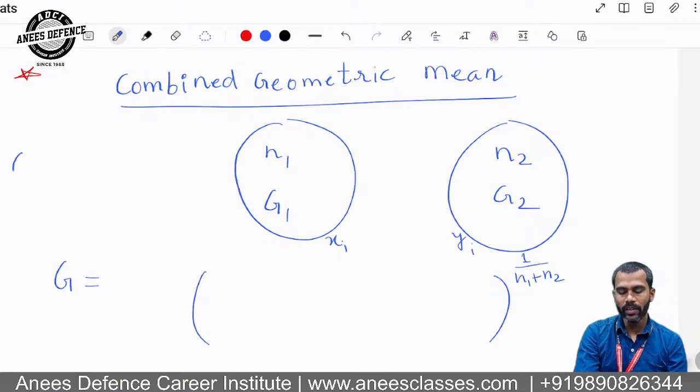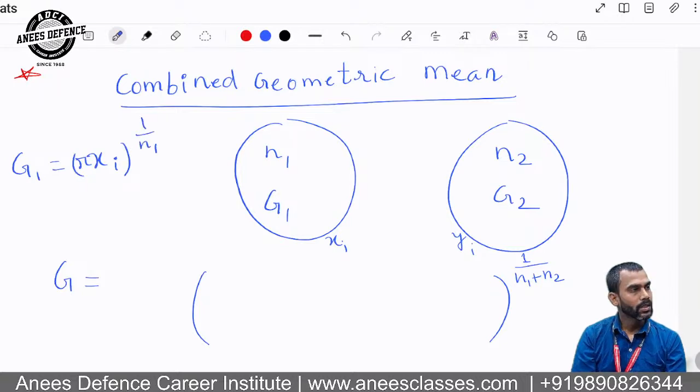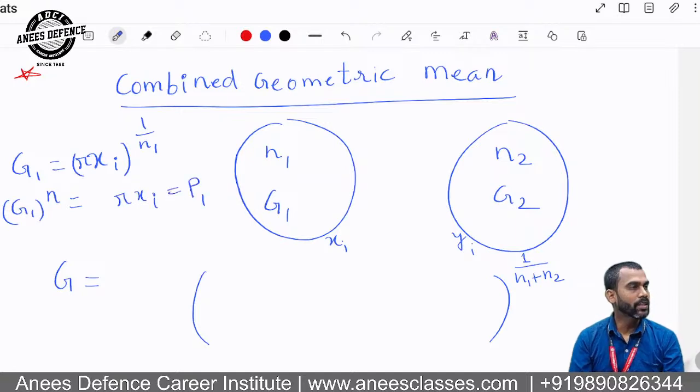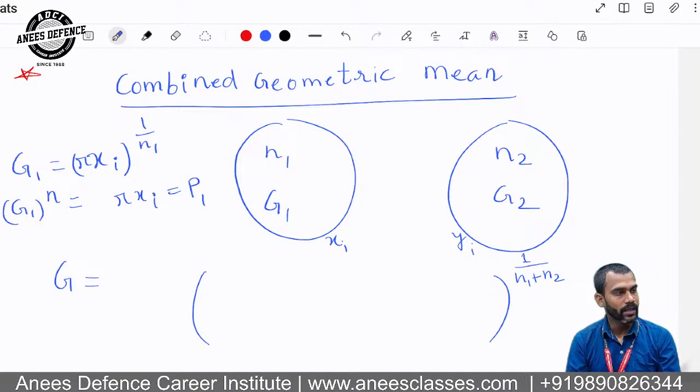So can I say G1 is equal to pi xi raised to 1 by n1? So can I say G1 raised to n1 is equal to pi xi, which is nothing but P1. P1 means product of all the observations in the first group. Yes or no? Can I say that?